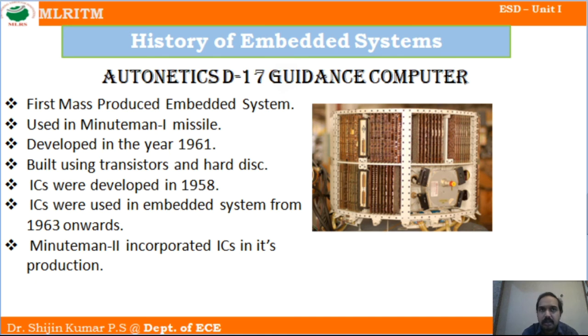All these things happened because of the development of IC technology, the development of integrated circuits: small scale integration, large scale, very large scale integration, VLSI technology. Nowadays we are using ULSI technology, ultra large scale integration. Millions of transistors and other components are incorporated inside an IC.